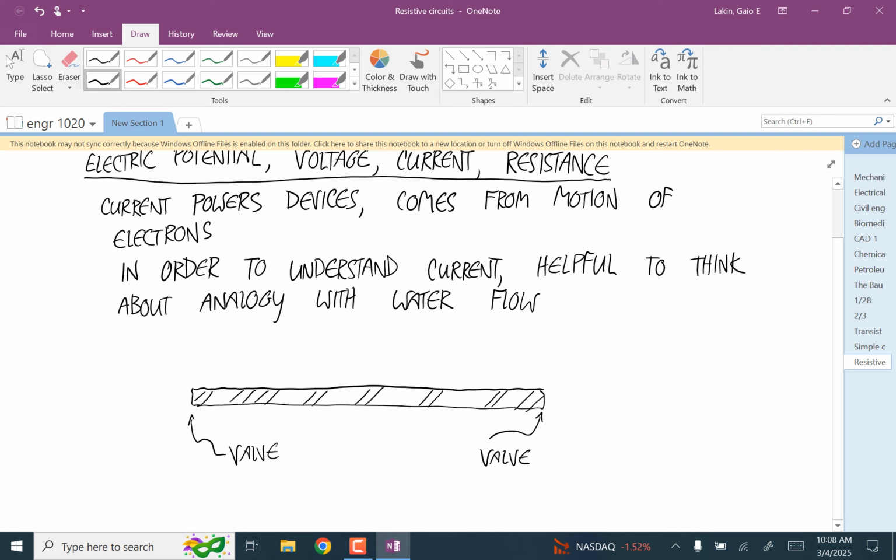It can't flow anywhere because those valves are closed. But we can open those and let it go one way or the other. And then connected outside of the valves are two tanks. We can control the pressure of these two tanks. Think of them as connected to bike pumps.